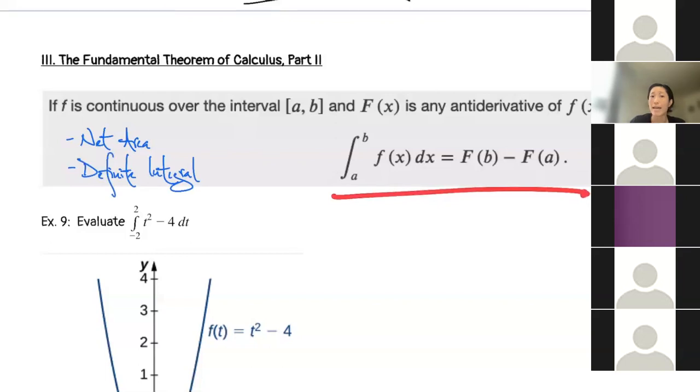Net area and definite integrals are the same thing as the fundamental theorem of calculus part 2. Net area, definite integrals, and this whole formula right here all mean the same thing.